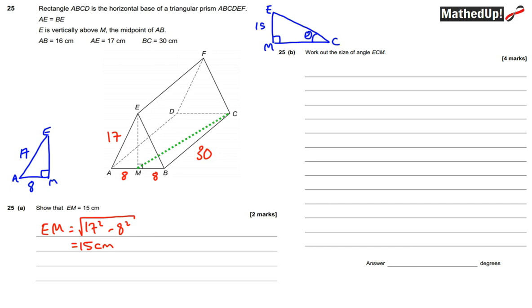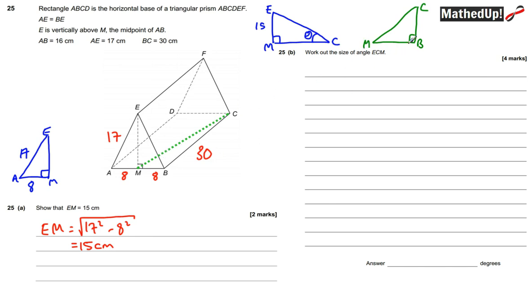So I'm just going to draw that triangle over here. So we'll have CBM. Okay, so my right angle is going to be at B here, and then I've got a vertex here at C and a vertex here at M.